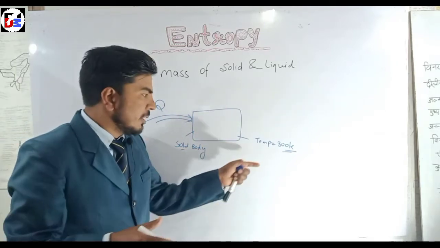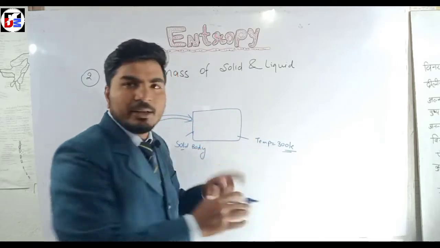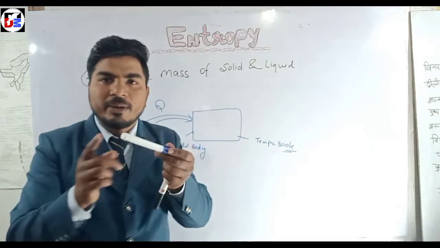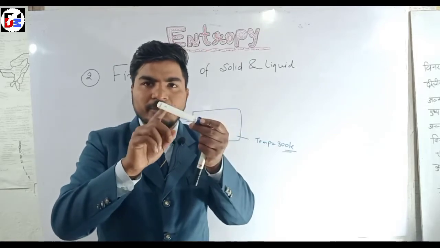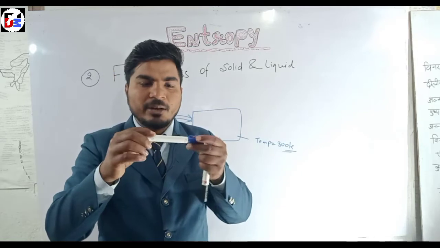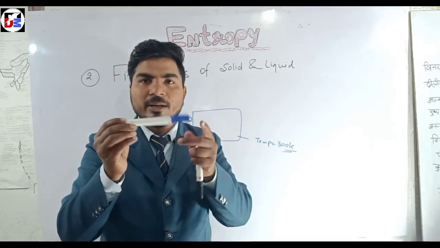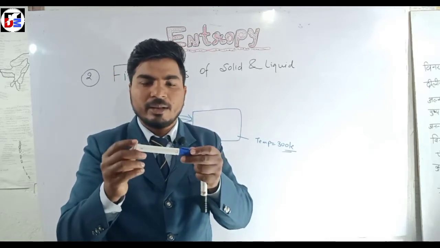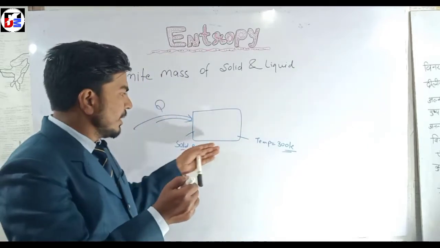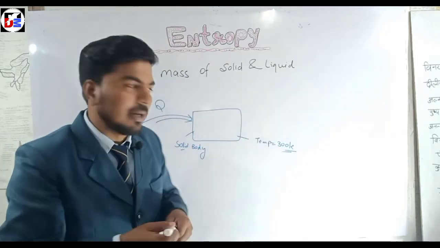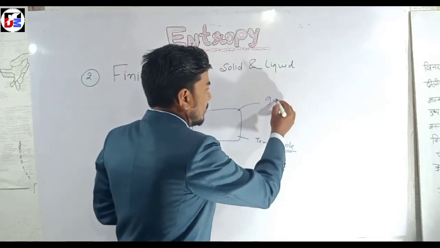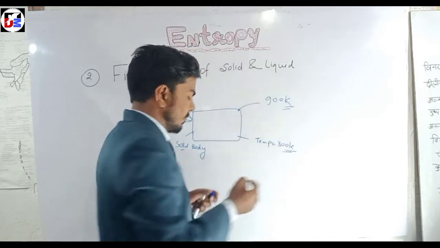After some time the temperature of this body increases. Suppose this is a marker, and if I provide heat, its temperature increases, because this is a finite mass. This is not a reservoir. So after some time its temperature becomes 900 Kelvin.